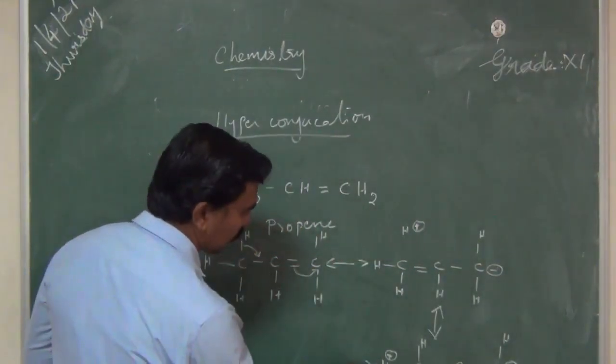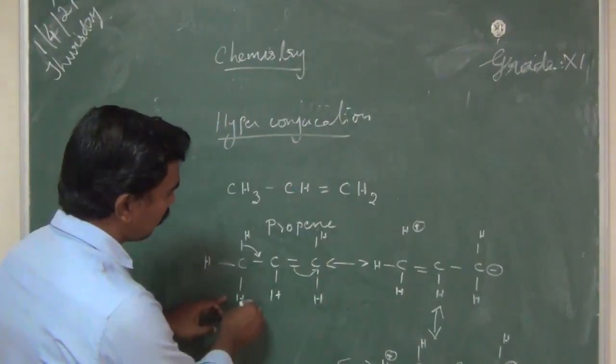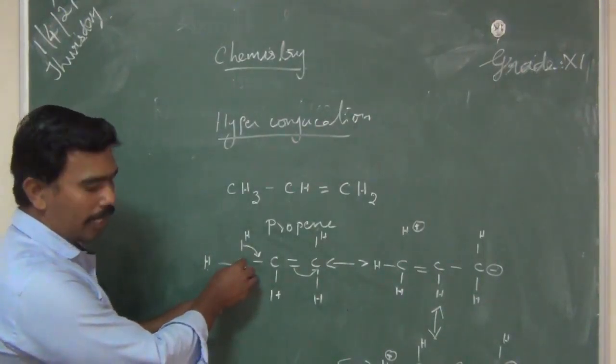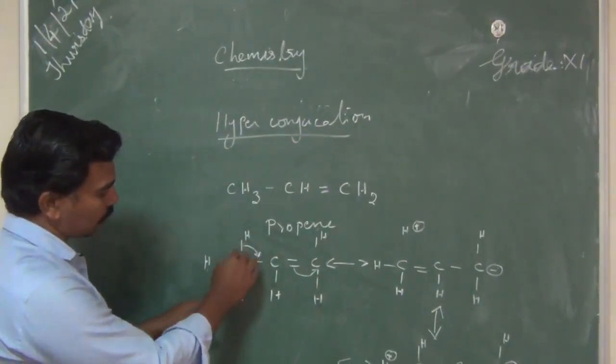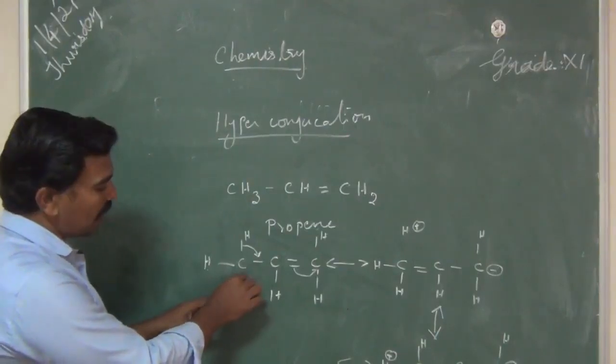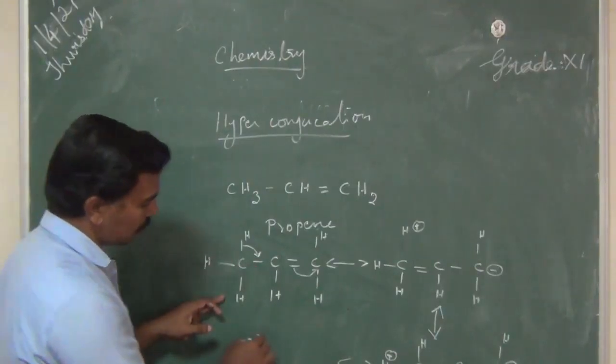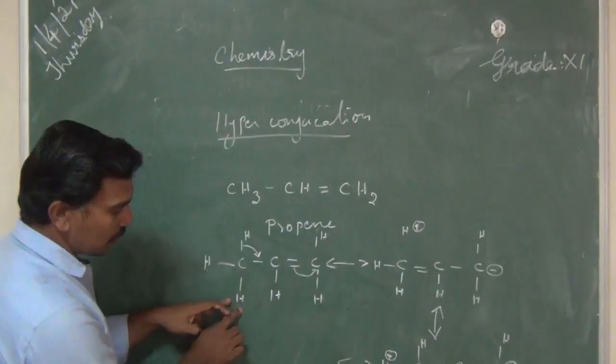The next structure, this hydrogen. This is the alpha hydrogen. These 3 hydrogens are also known as alpha hydrogens because they are on a carbon attached to the double bond carbon. So now this hydrogen.